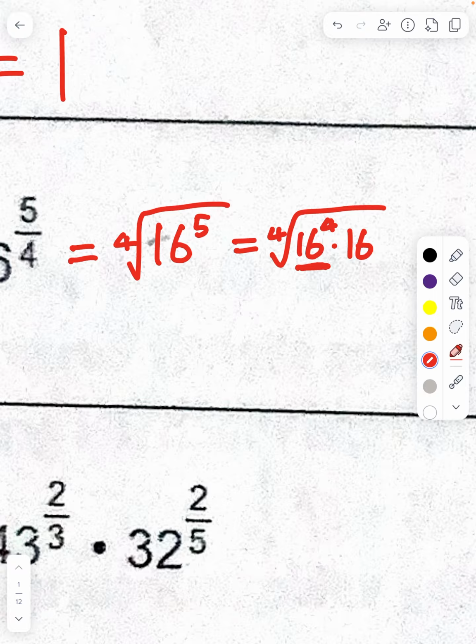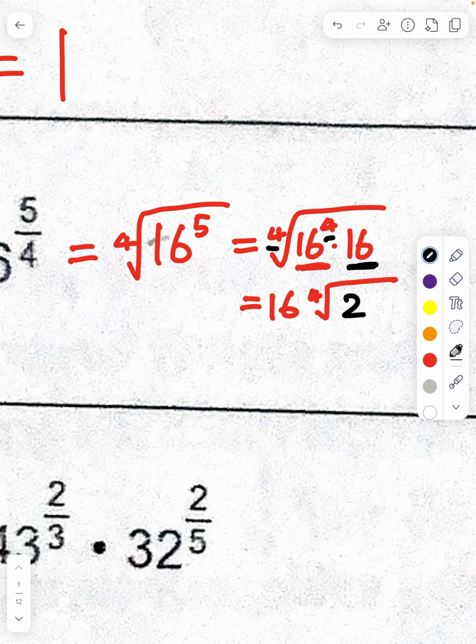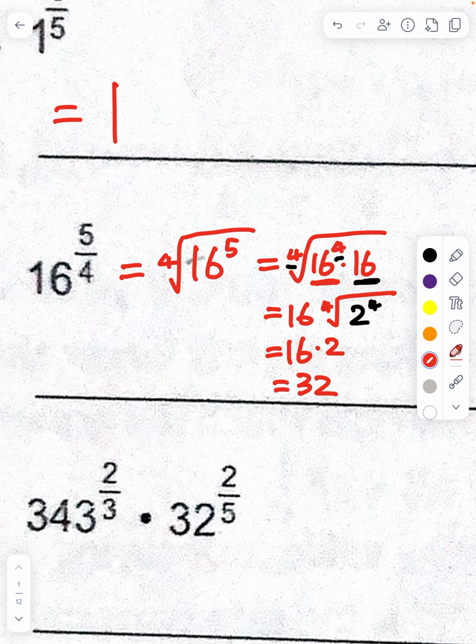And this part, the power and the root, they cancel out, right? So 16 can come out. So this is 16, and then I can change this 16 to 2 raised to the power of 4, right? And now 2 can also come out. So the final answer is 32.